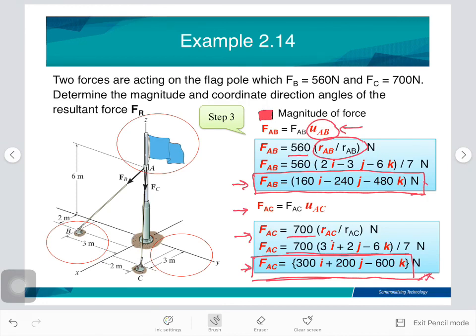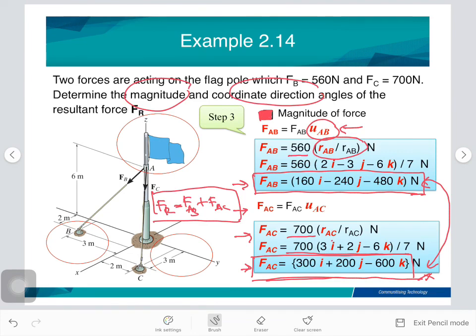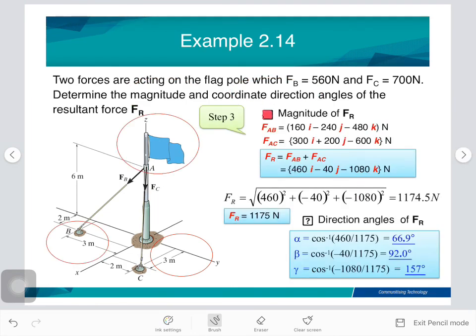Then you need to add up and group the respective i, j, and k components to determine the force resultant, because the force resultant is equal to FAB plus FAC. After you determine this force resultant vector, we can calculate the magnitude and the coordinate direction angles.